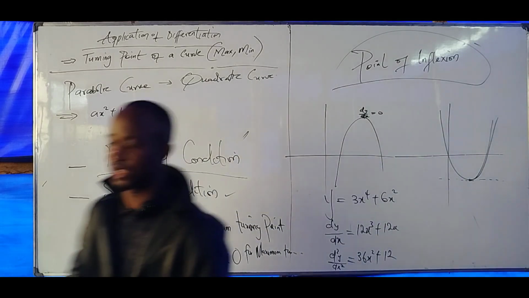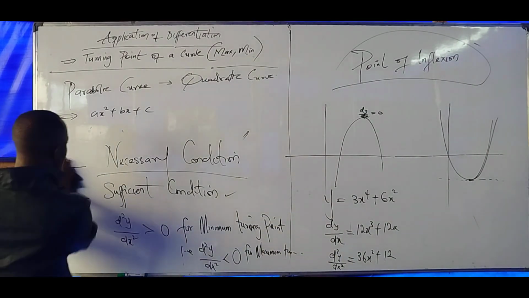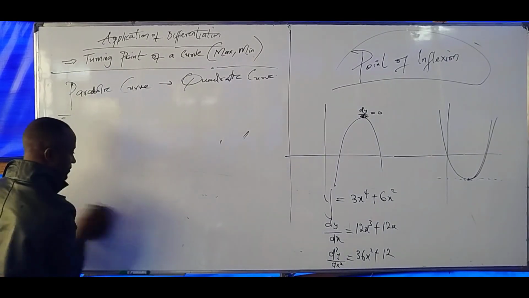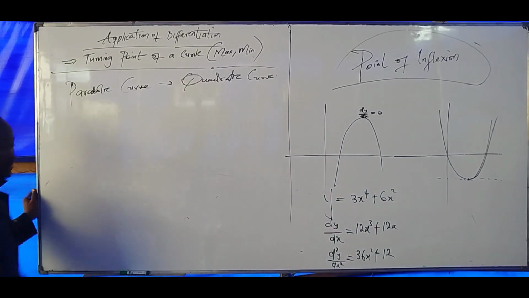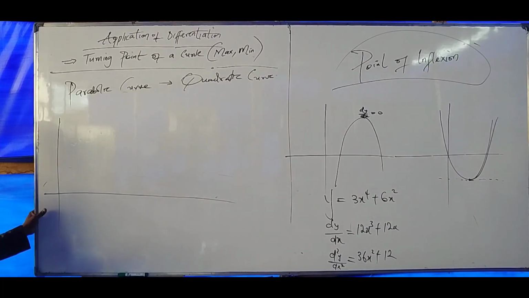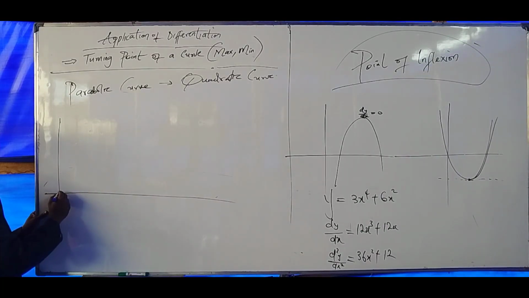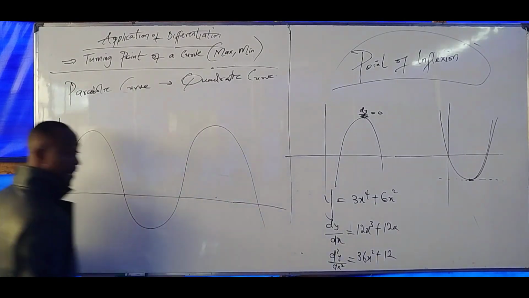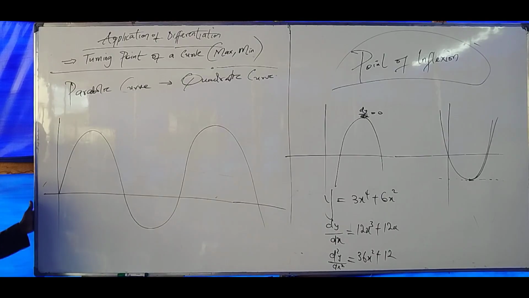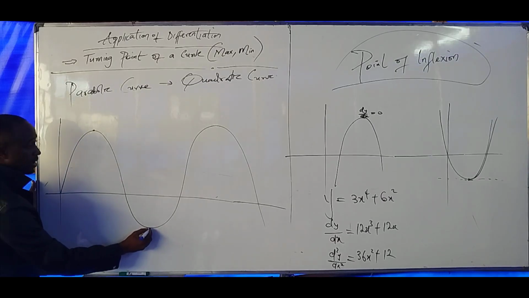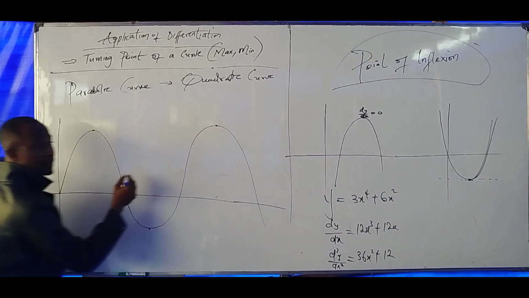Let me give you an illustration. Watch. Listen, please. If I have a sine graph or a wave graph, these are wave graphs. Are you following? Here we have what? Maximum, right? Here's what? Minimum. Here's what? Maximum.